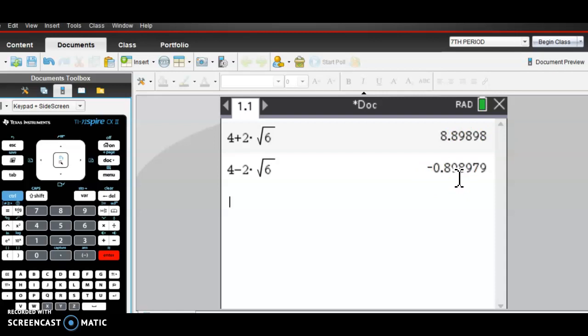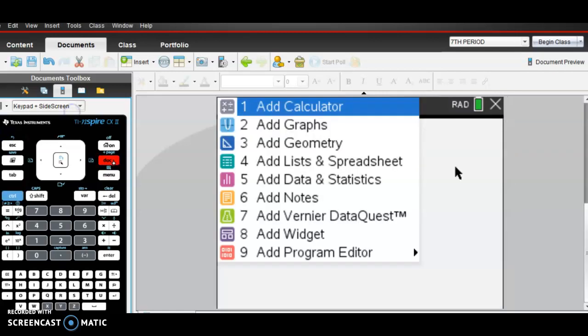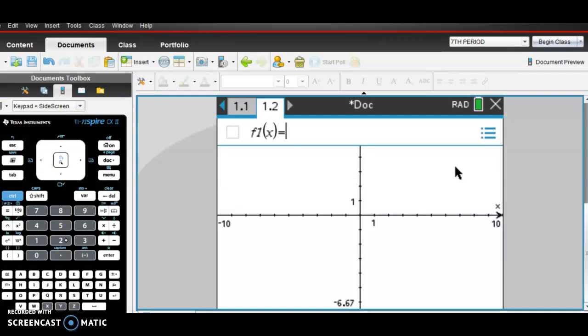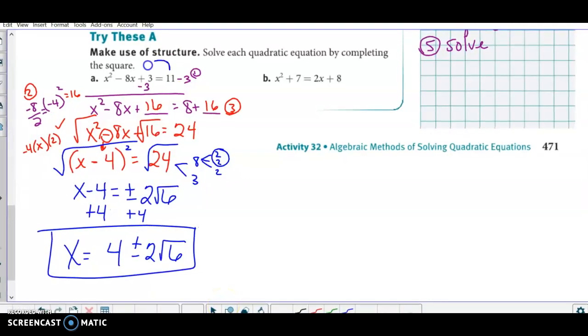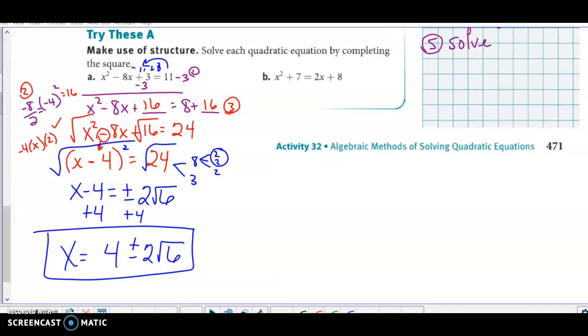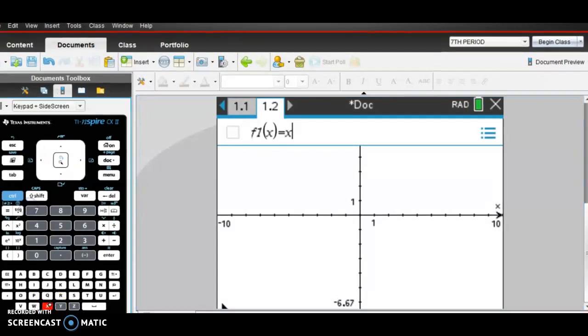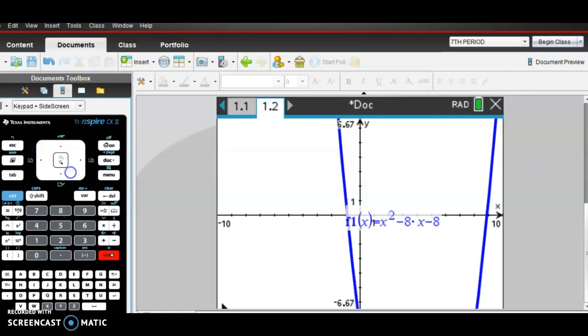So if I was to graph my original equation, now my original equation was equal to 11. So we would need to move this 11 over by saying minus 11. And that would be a negative 8. So I could graph x squared minus 8x minus 8.